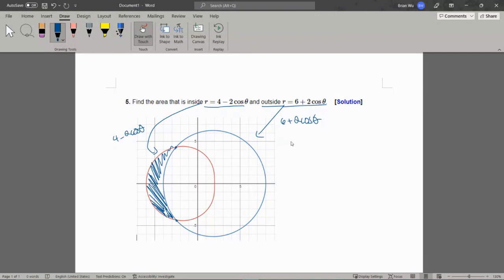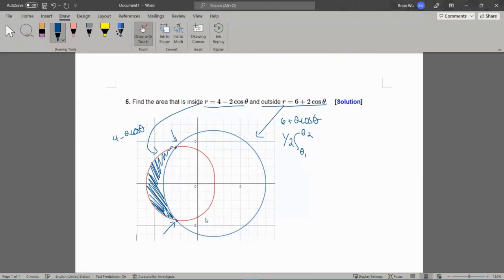We also know that the area of a polar curve is 1/2 times the integral from theta 1 to theta 2. And we have this big circle, so these coordinates are most likely going to be where they intersect.